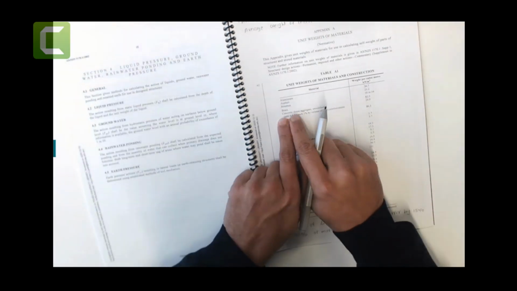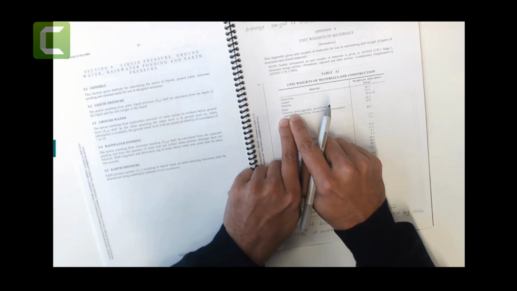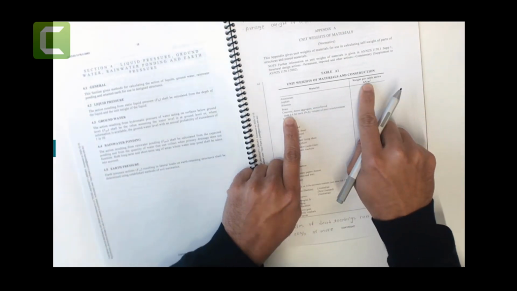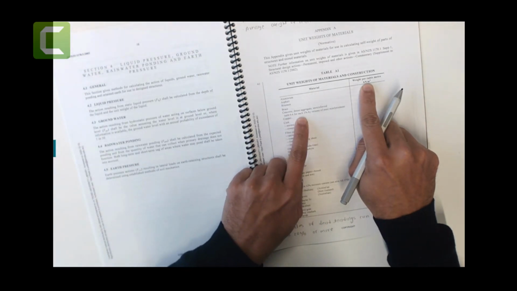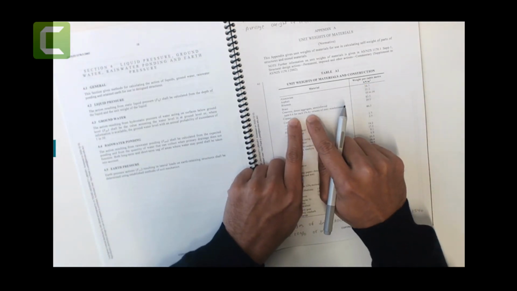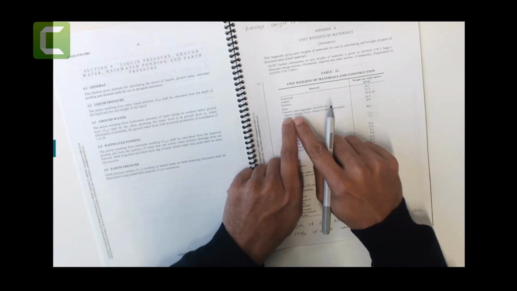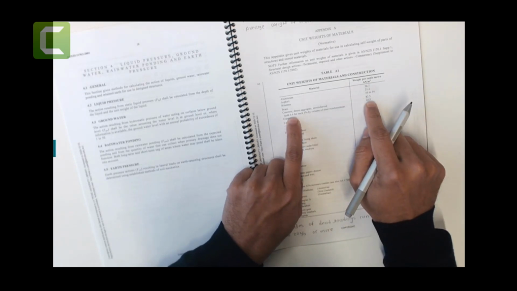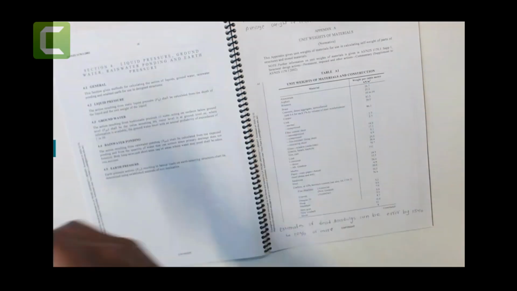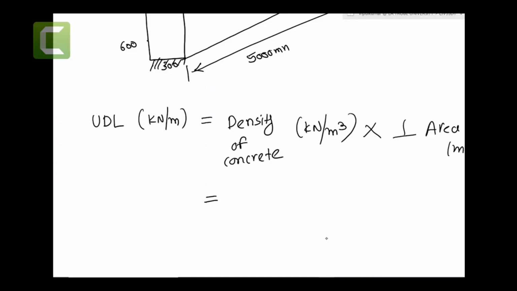But particularly for these examples, we are going to use concrete, and for unreinforced concrete you have 24 kilonewton per meter cubed. If you are adding reinforcement at 1% of volume, and they have not given anything, then you just need to add 0.6 to this one. So for our case, let's take it as 24.6 kilonewton per meter cubed.